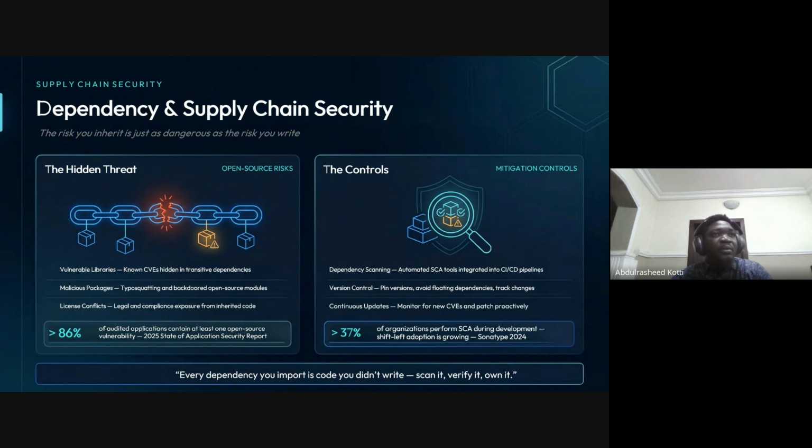And how do we manage this? First is to ensure that we scan our dependencies often. Next is we always need to track the versions that we make use of to know when it has any major change. Then next is for us to apply updates every single time that an update comes in.